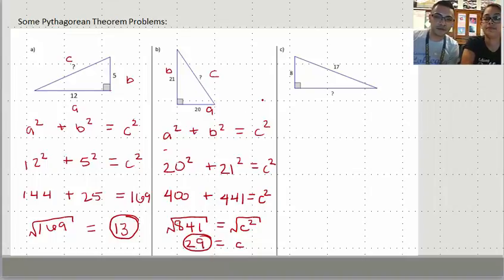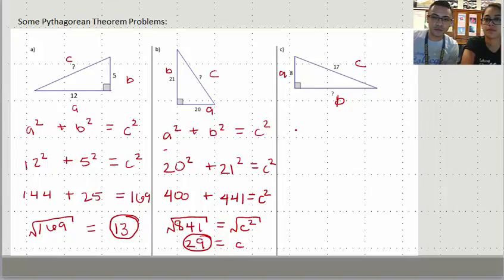Awesome. And then I'll run through the last example right here. And once again, why don't we label these so we don't get confused? And if you notice here, on the two previous problems, the unknown was our hypotenuse or our C. But in this case, our hypotenuse is actually known. So one of the legs, which is B, is the one that's unknown.